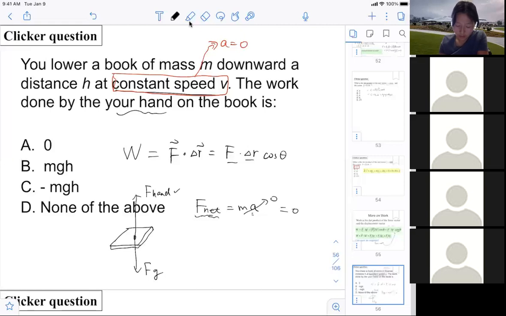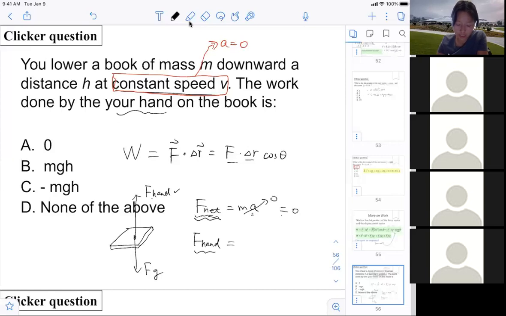So now, if the net force is 0, acceleration is 0, we need to figure out the magnitude of the force by hand. And the force by hand is equal to what? If the net force is 0, net consists of 2 forces.